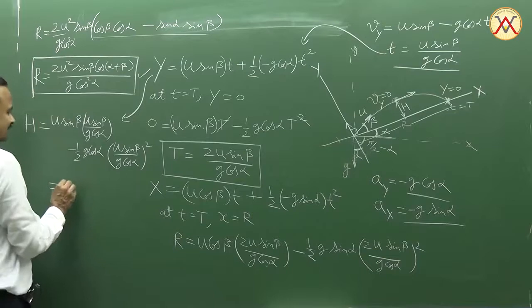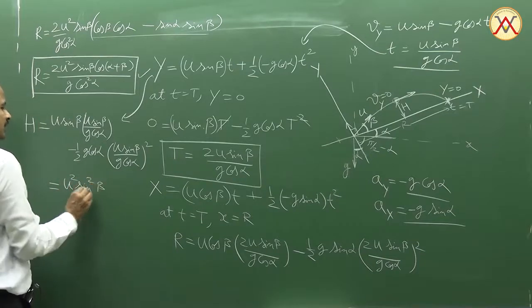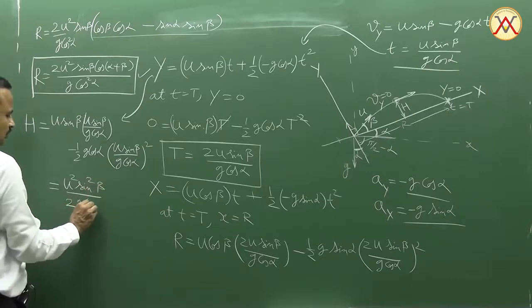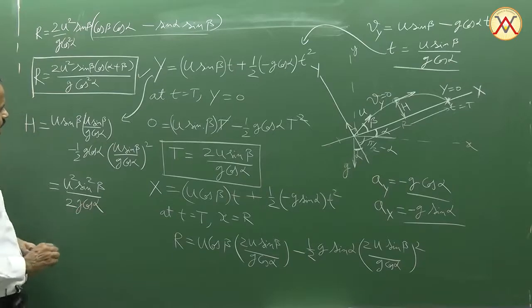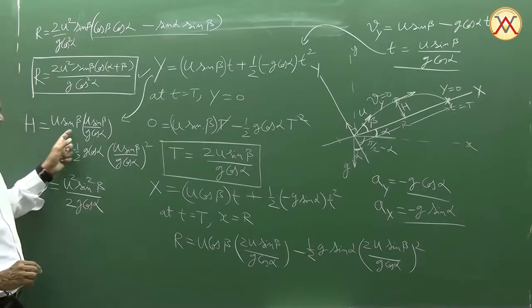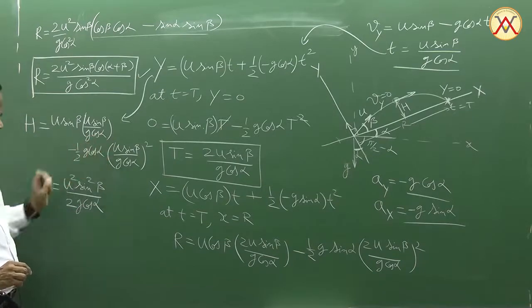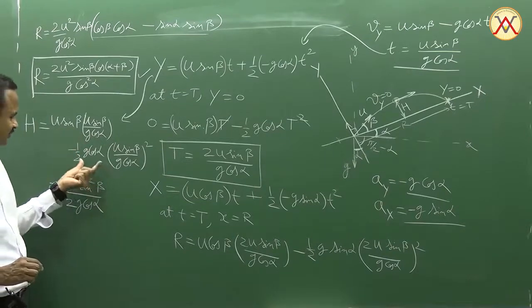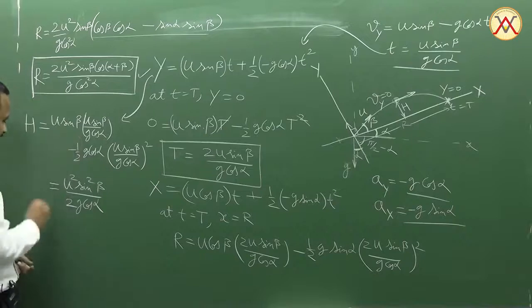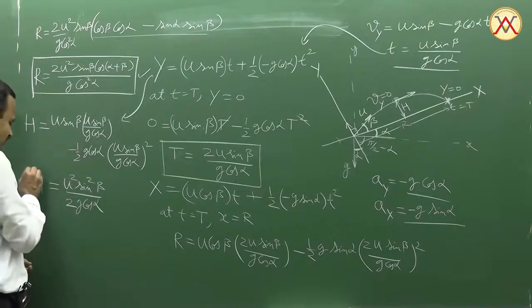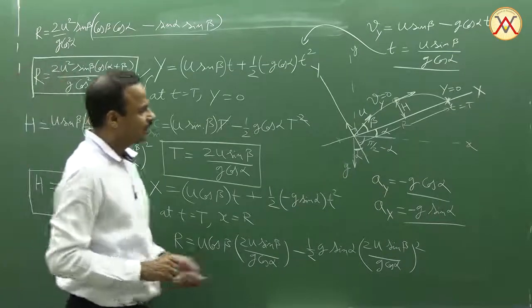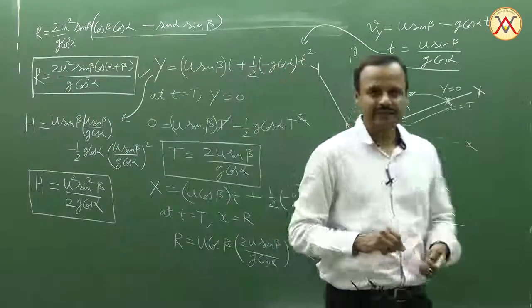So I can write this as u square sine square beta by 2g cos alpha. It will be half of this one, because the term we are subtracting is exactly half of this. So this is the result for the maximum distance of the projectile from this inclined plane.